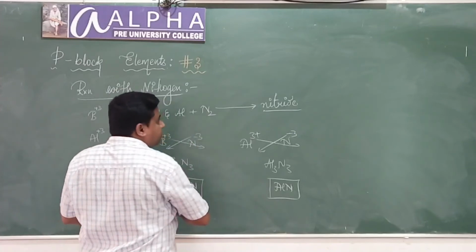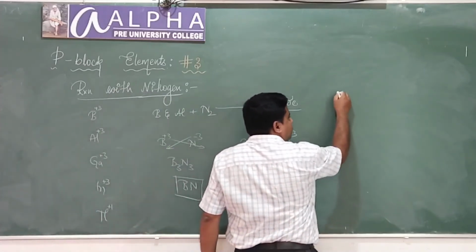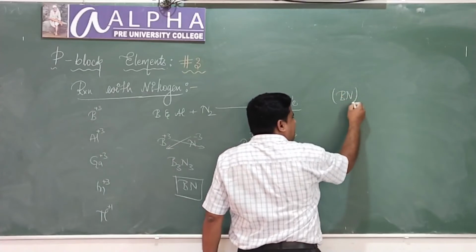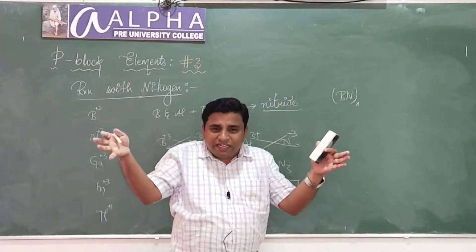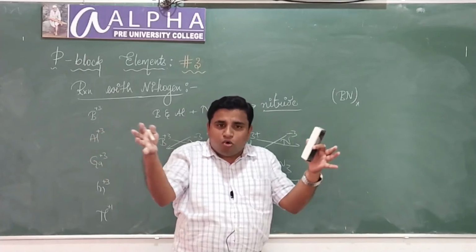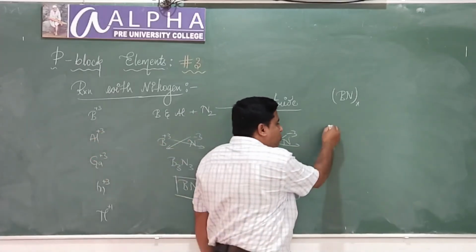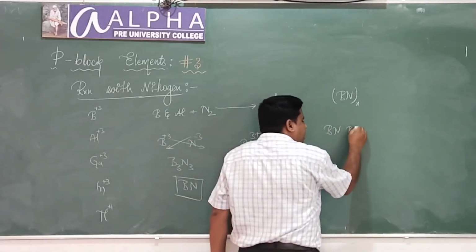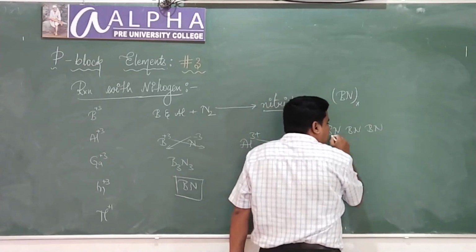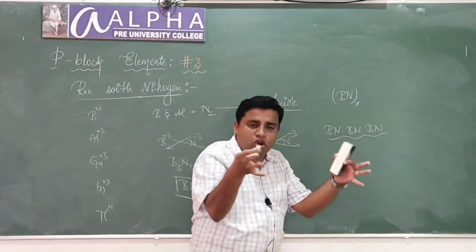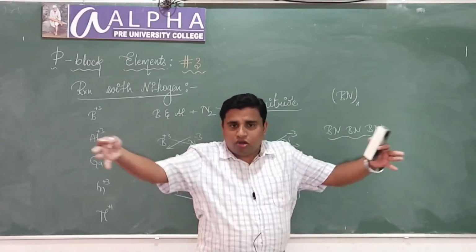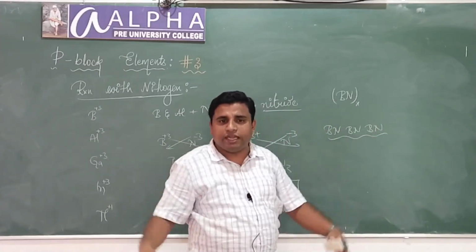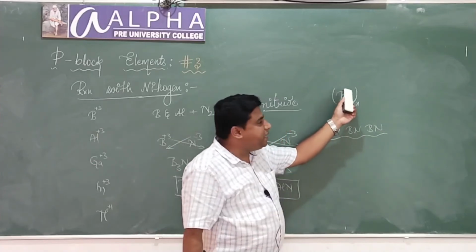Now see this, if boron nitride molecules come together, they form a long chain. It is of the type (BN)x.